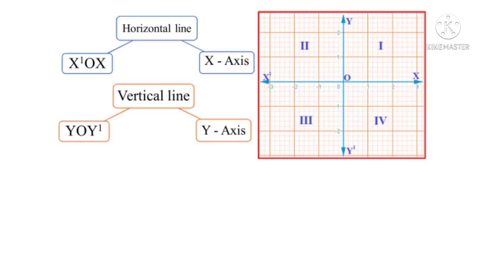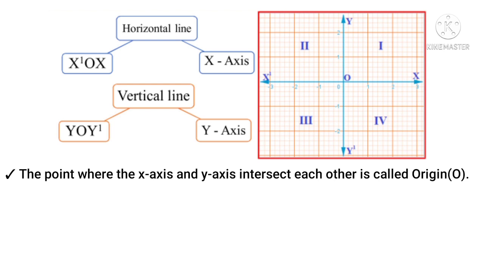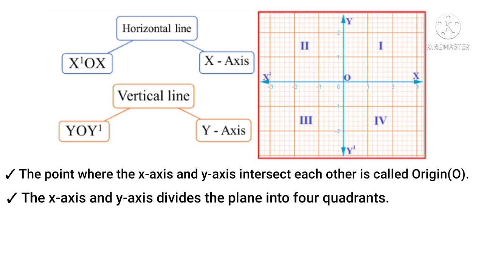Here you can see the graph. In that graph, the horizontal line x dash o x, we call the x-axis, and the vertical line y o y dash is called the y-axis. The point where the x-axis and y-axis intersect each other is called the origin, which we represent by capital O. The x-axis and the y-axis divide the whole plane into four different quadrants as shown in the graph.